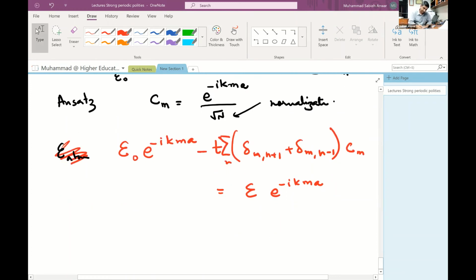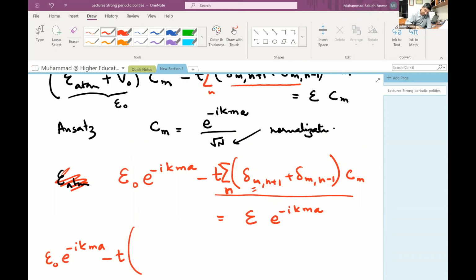What I could do is just focus my attention on this term, and I could write epsilon naught e to the minus i k m a minus t. Now I am summing over all n's.